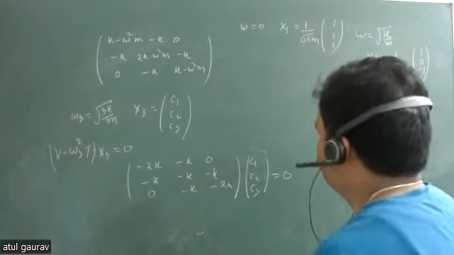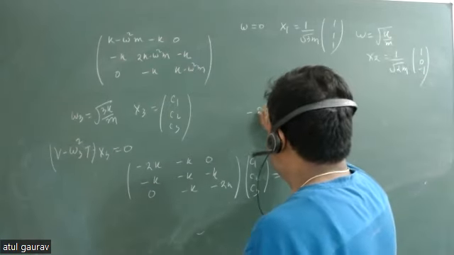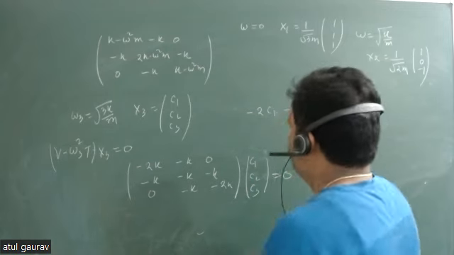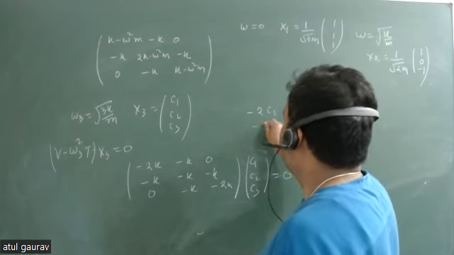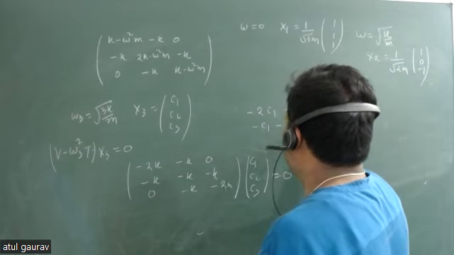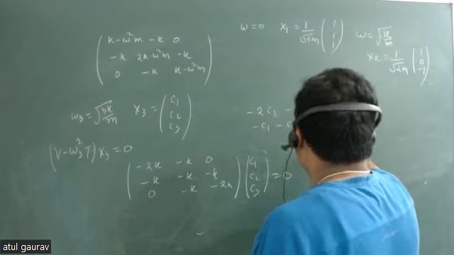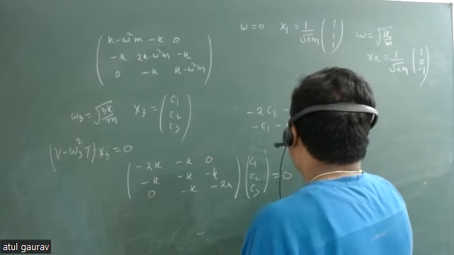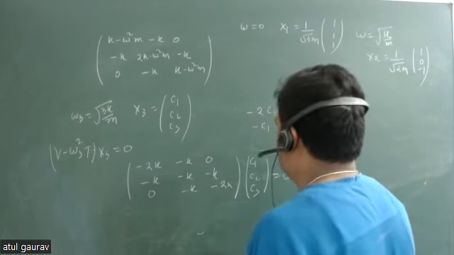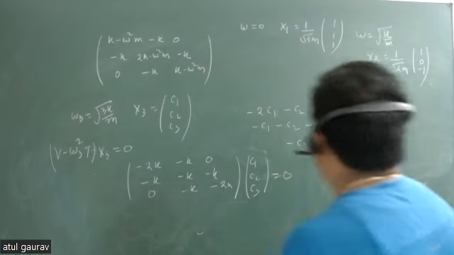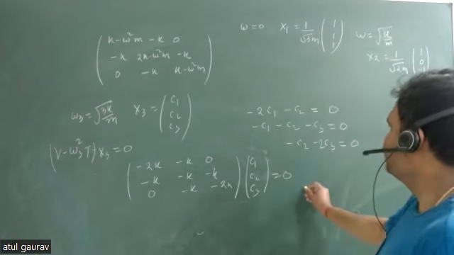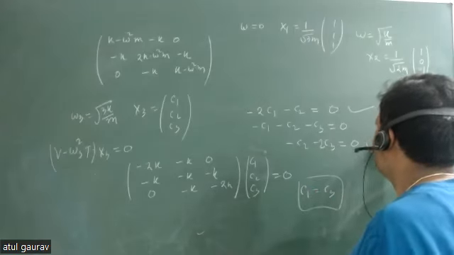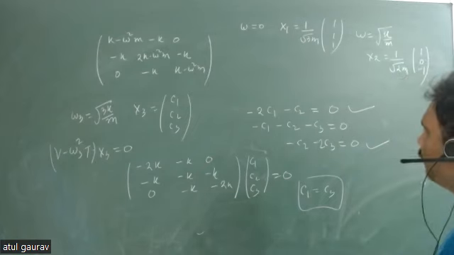Minus 2c1. Very good. Minus 2c1 minus c2 is equal to 0. Minus c1 minus c2 minus c3 is equal to 0. Minus c2 minus 2c3 is equal to 0. So from here, I can say c1 is equal to c3 from these two equations, isn't it?